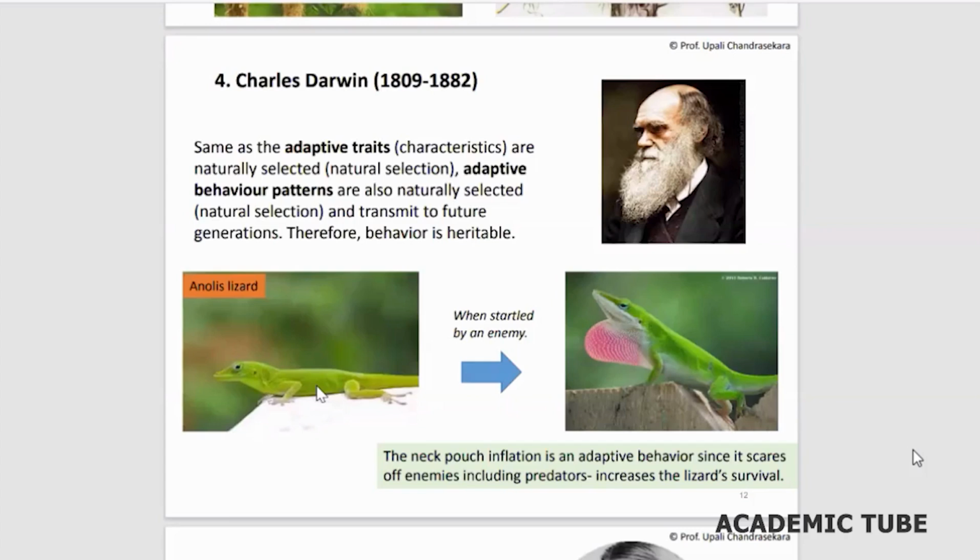It can blend with the environment colors. That is what you call camouflage, right? But usually it is green in color. Now, in the neck region, there is a kind of pouch. When this Anolis lizard is startled by an enemy, immediately the neck pouch enlarges.